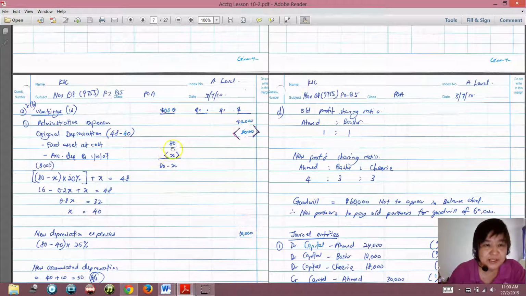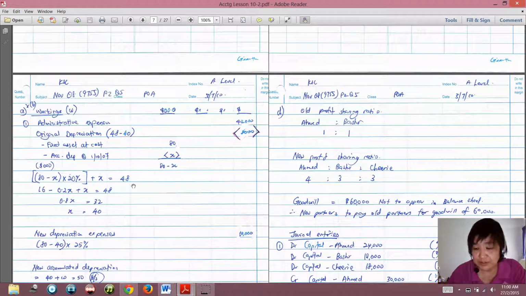So the net book value at the beginning of the year is 80 minus X. So 80 minus X times 20%, plus X, which is the accumulated depreciation at the beginning of the year, equals 48,000, correct?